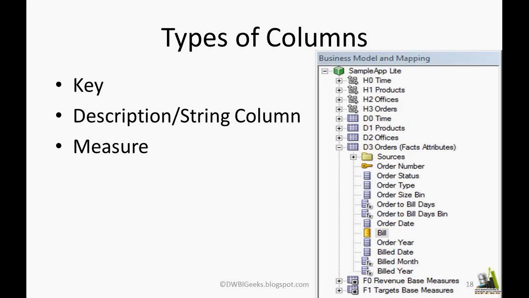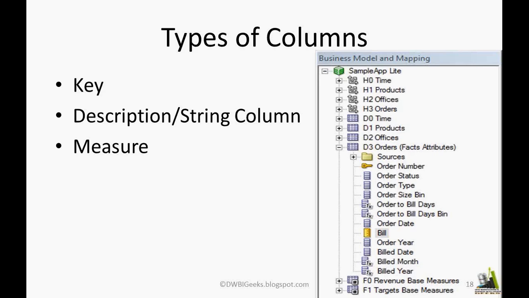And description or string columns are columns where we have descriptive data, like names, descriptions of products, user comments, and all such data. These are called descriptive columns. In a data warehouse, we treat columns with these kinds of names.